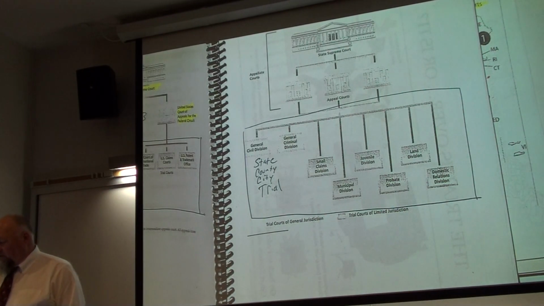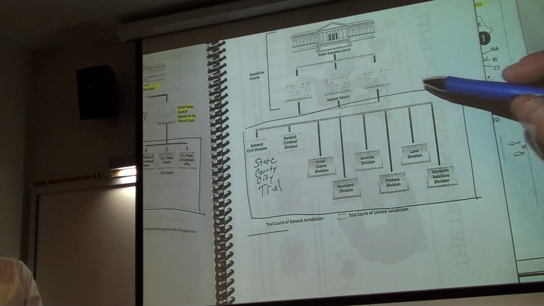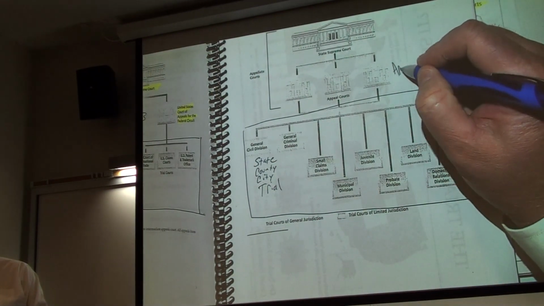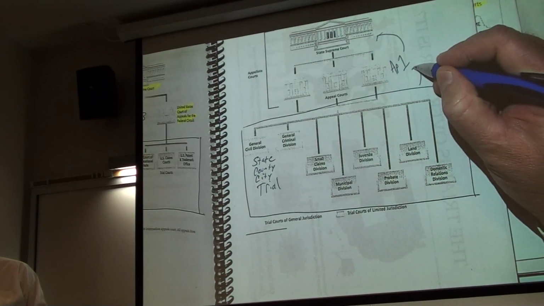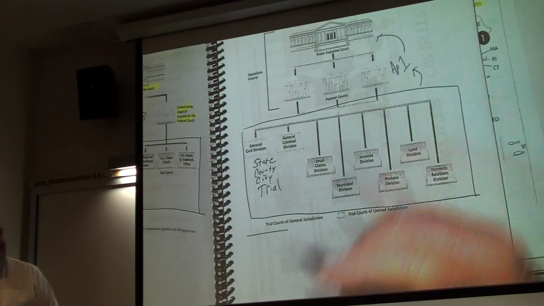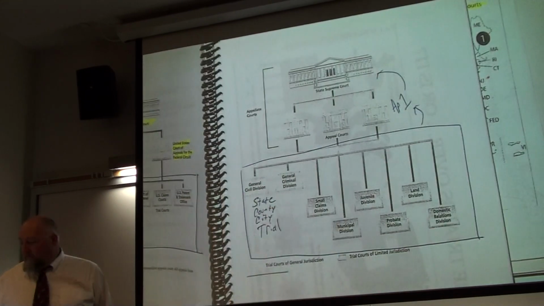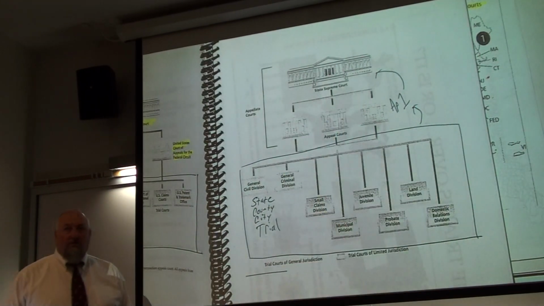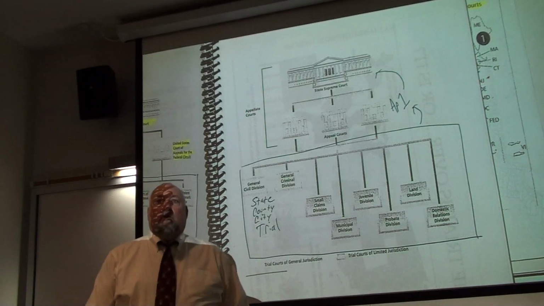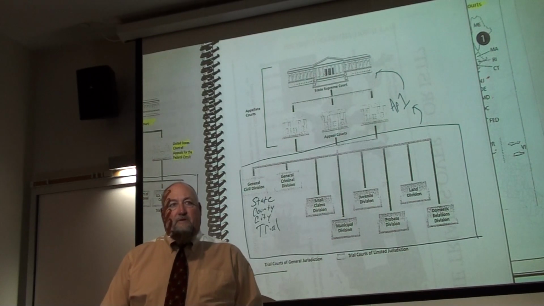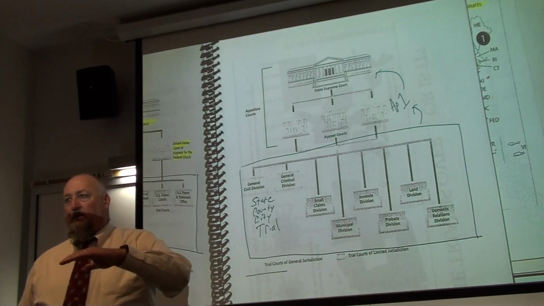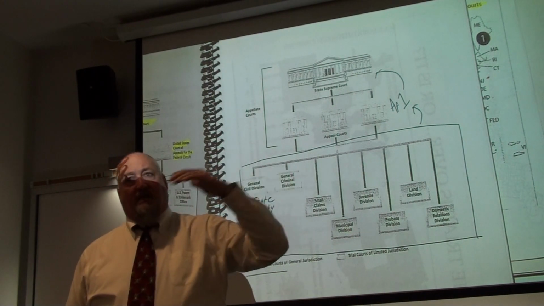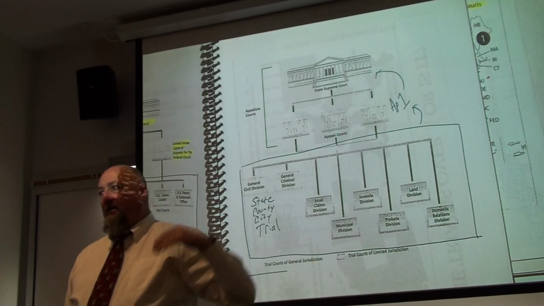So, from there you appeal to the first level court of appeals, and from there you would appeal to the highest court in that state, which is usually called the Supreme Court, although sometimes they're called different things in different states. But it's the same idea. You start at the trial level. If you lose, you appeal to the first level of appeal, and then to the higher level.